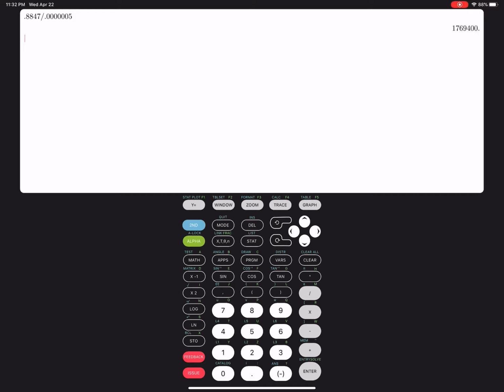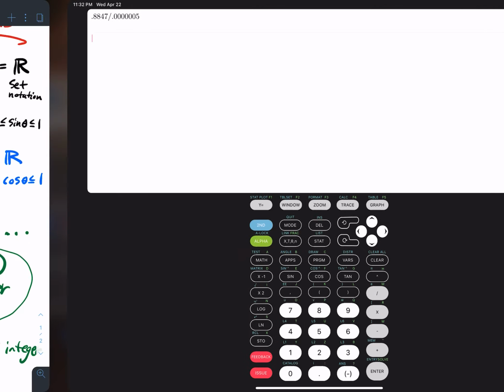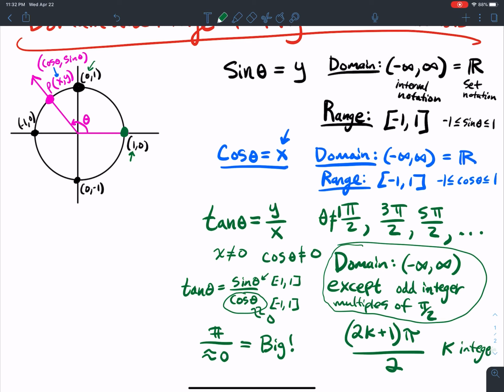And when I hit enter, that's a really big number. So theoretically, we could get infinitely close to 0, which makes this really, really big. So the range for the tangent function is -infinity to infinity, okay?